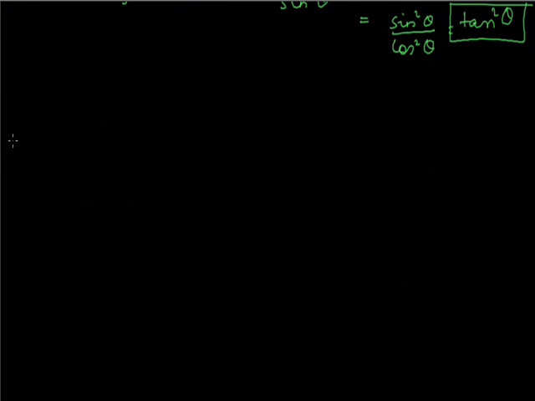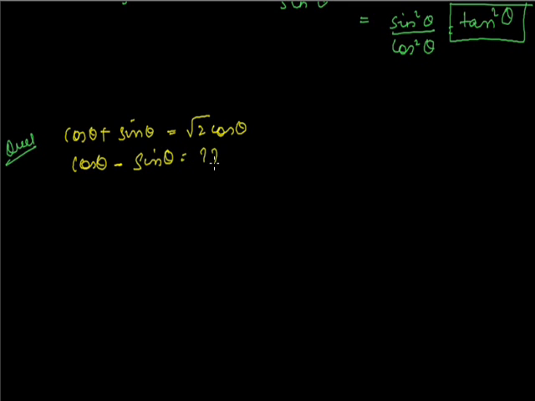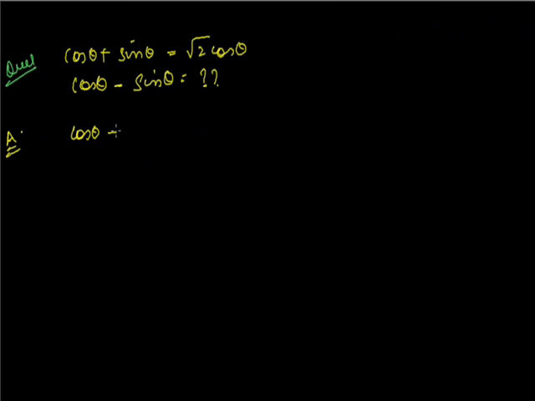Next question. If the value of cos theta plus sin theta is equal to root 2 cos theta, then I have to calculate the value of cos theta minus sin theta. Okay, how will I do it? We'll be taking the given value, that is sin theta plus cos theta is equal to root 2 cos theta.